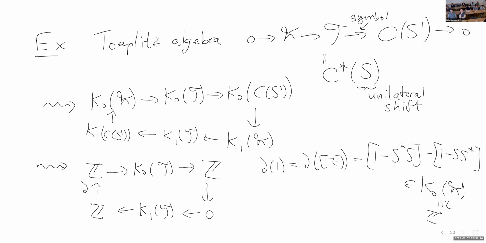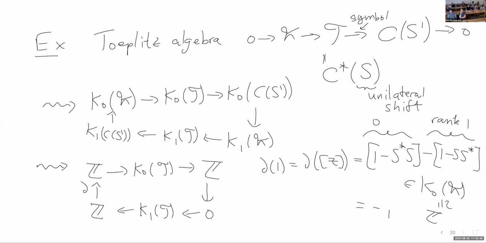But S is an isometry, so 1 minus S star S is 0. And 1 minus S S star, you can show it's rank 1. So this is rank 1. So delta here is an isomorphism.